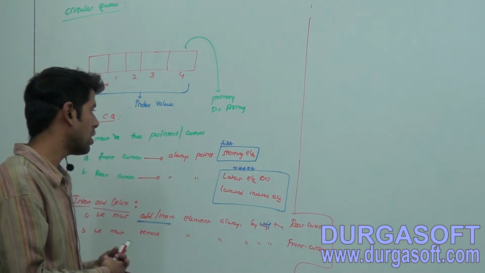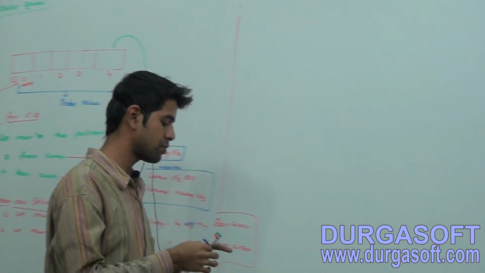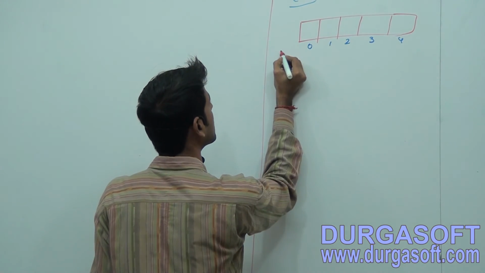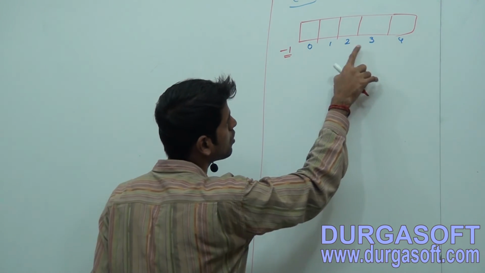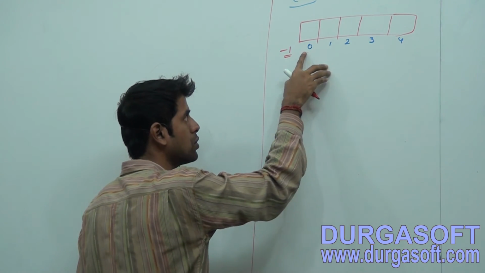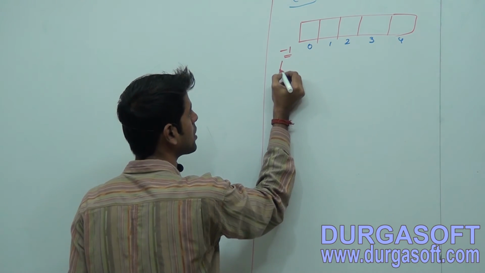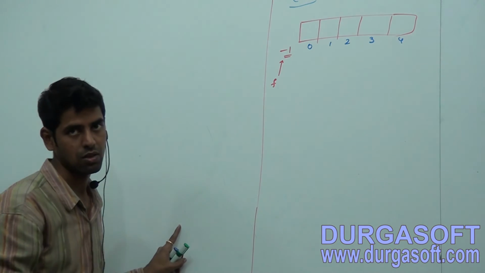So what do these two cursors hold? Simple thing, observe. This is -1, right? Observe here: 0, 1, 2, 3, 4. To the left of 0, -1 will be there. So if there are no elements, I will make front point to this -1.